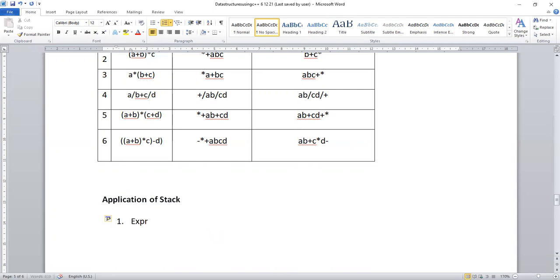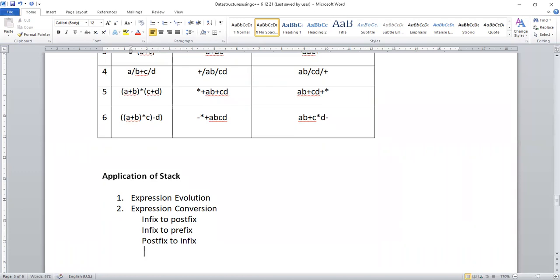First one is expression evaluation. Second, expression conversions, like expression conversion from infix to postfix, infix to prefix, postfix to infix, and then last prefix to infix.